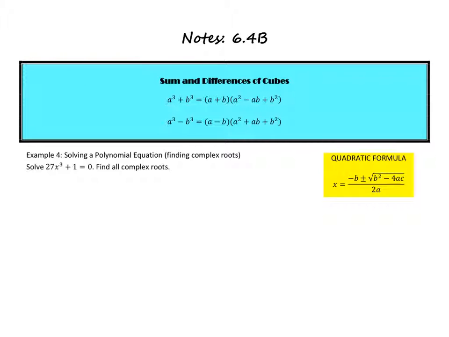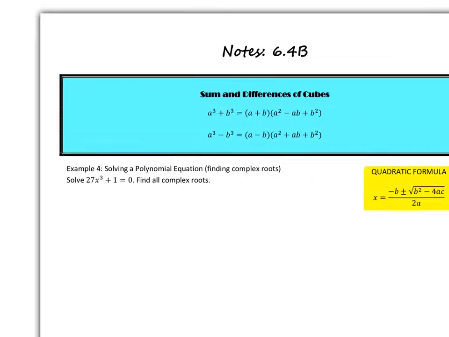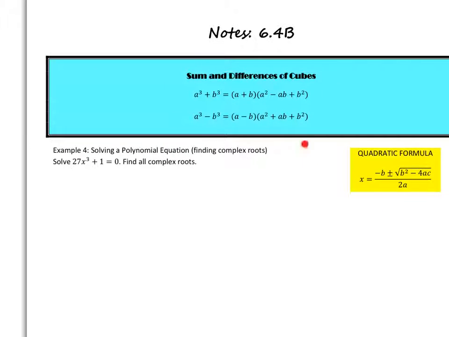So what we're doing today is a continuation of yesterday, the very end of yesterday's, not the calculator part. You don't actually need a calculator for this. We are using the sum and differences of cubes again today. But this time we're going to go through it and actually solve it, so we're going to get x by itself.